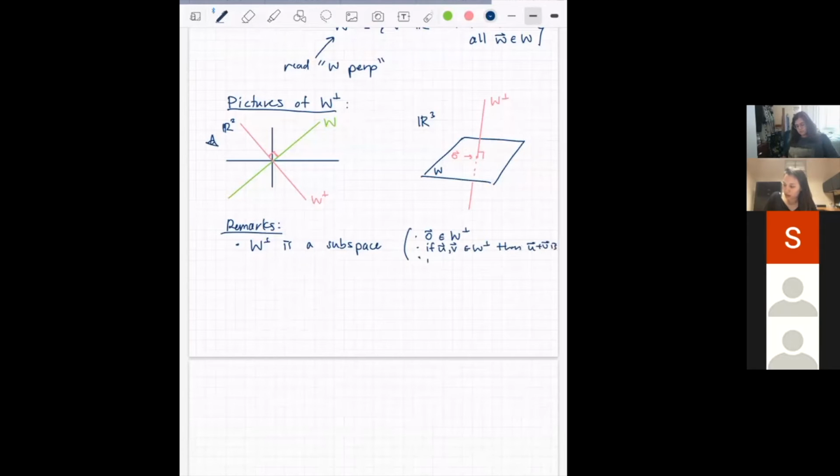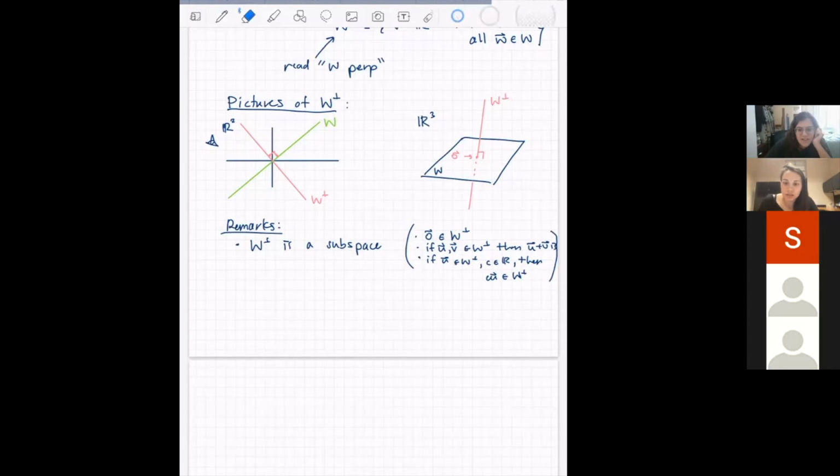And then if U is in W perp and C is a scalar, then C times U is in W perp. Okay, so these are the conditions for being a subspace.